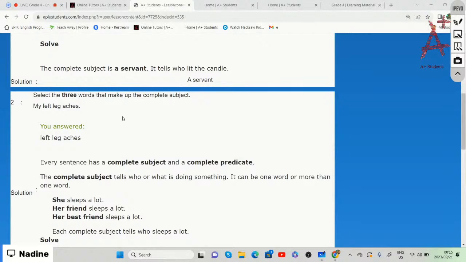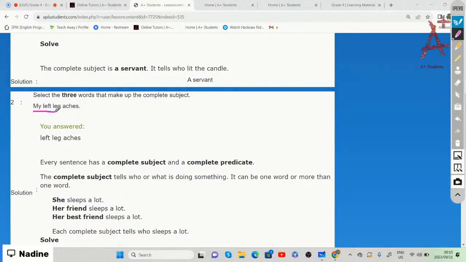If we select the three words that make up a complete subject, then we will choose my left leg. That is our complete subject, my left leg. And what's happening with your left leg? It aches.